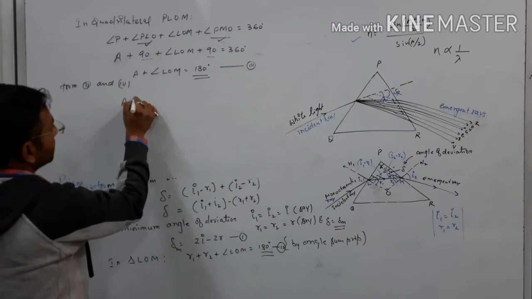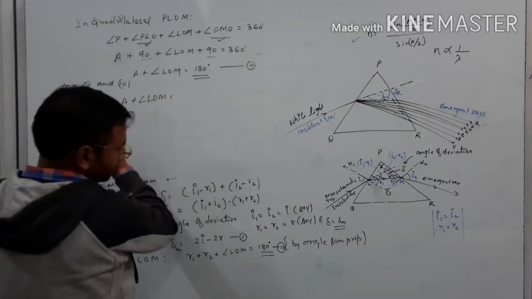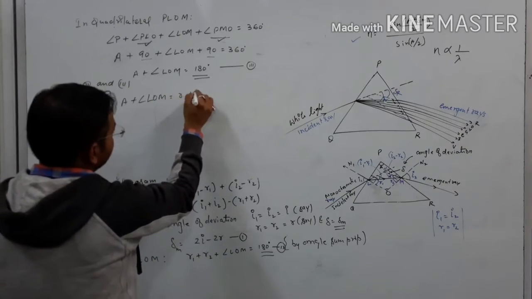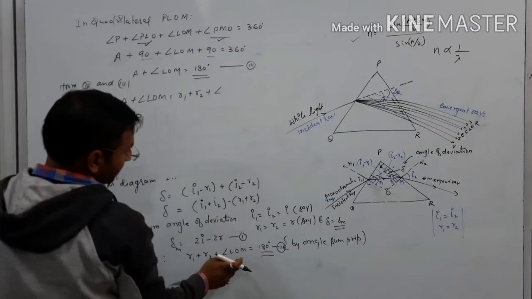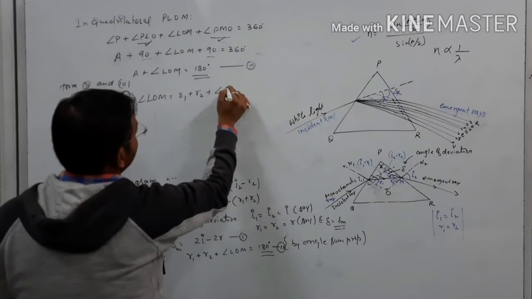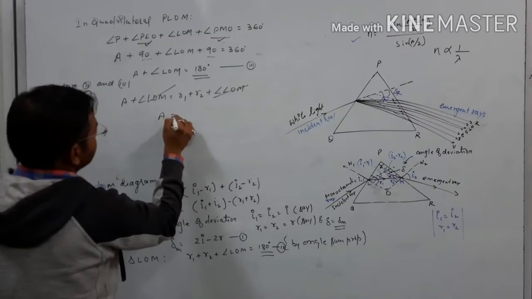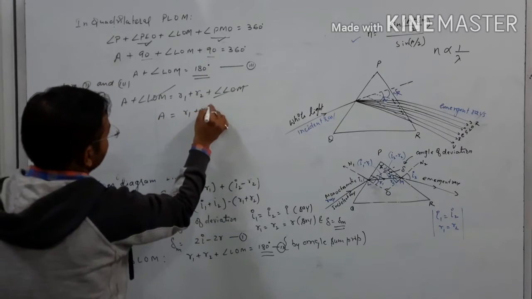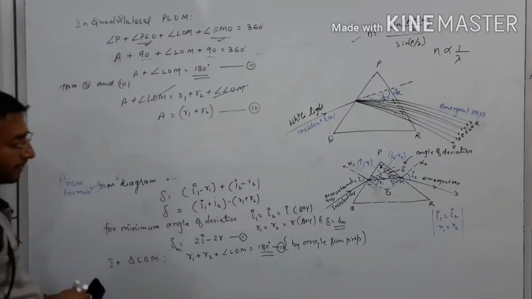So I will compare both relations: R1 plus R2 plus angle LOM. In place of 180, I will write angle A plus angle LOM. Cancel out. A is equal to R1 plus R2. So this is your equation number 4.